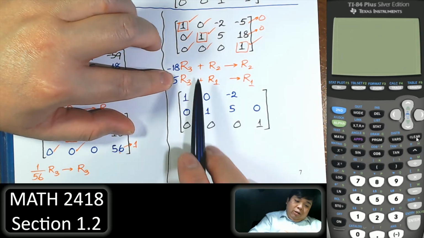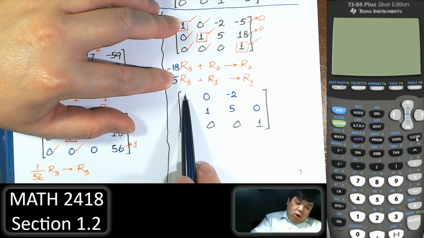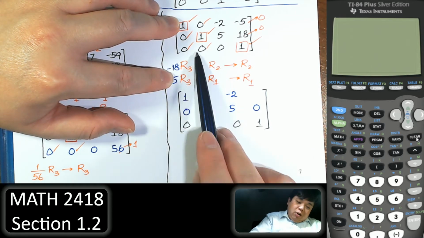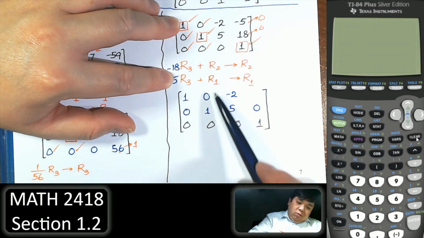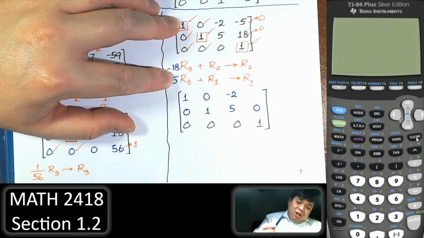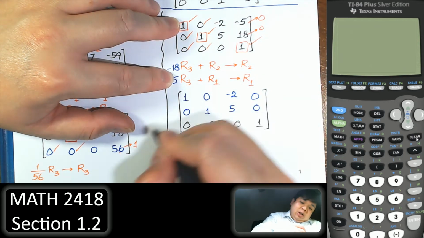And now for row 1: 5 times 0 plus 1. 5 times 0 plus 0, 0. 5 times 0 plus -2, multiply 0, so that's still the same. 5 times 1 is 5 minus 5 is 0.